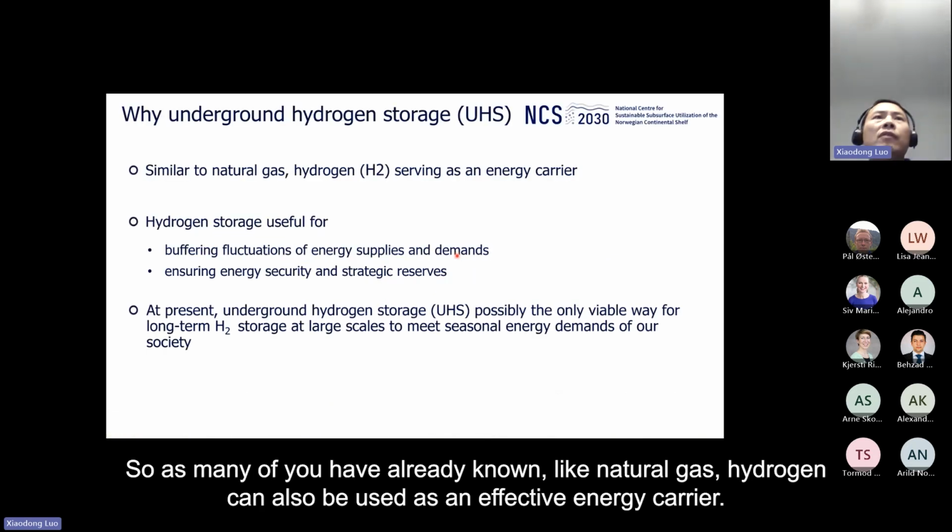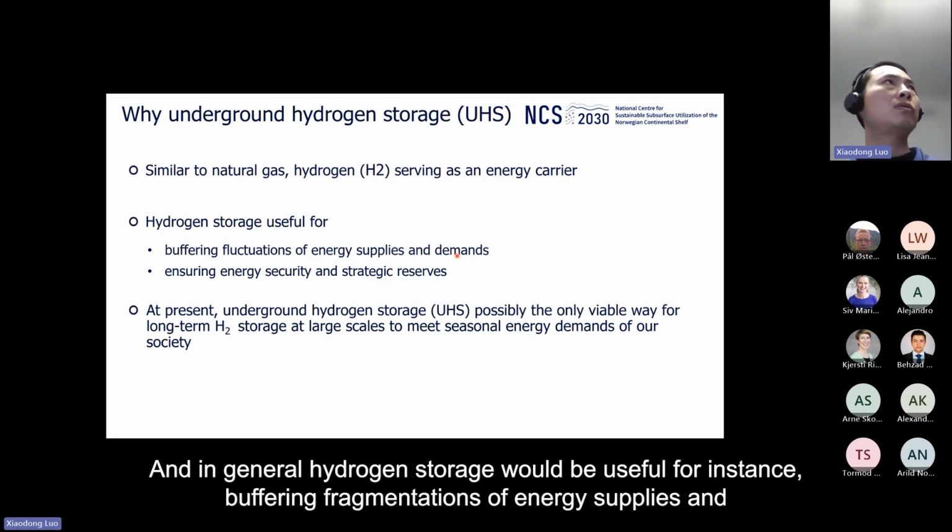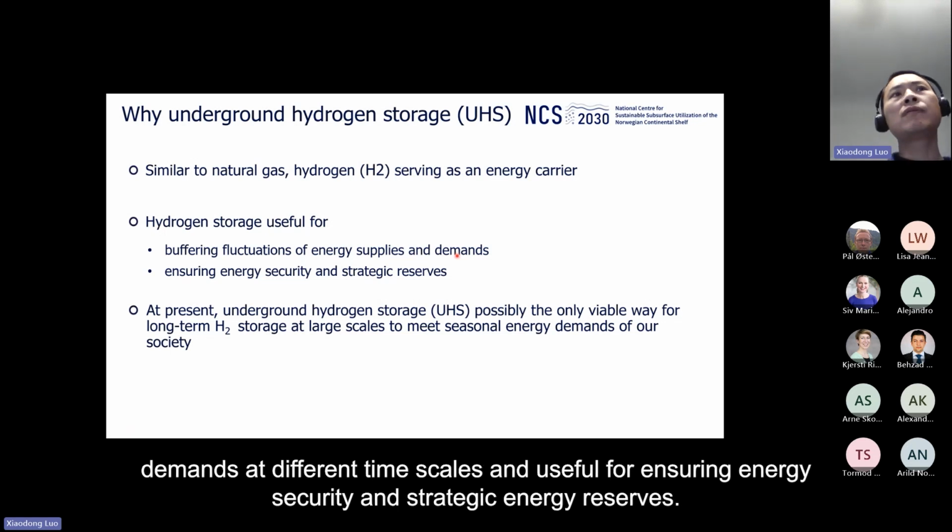As many of you already know, similar to natural gas, hydrogen can also be used as an effective energy carrier. In general, hydrogen storage would be useful, for instance, for buffering fluctuations of energy supplies and demands at different time scales, and also for ensuring energy security and strategic energy reserves.